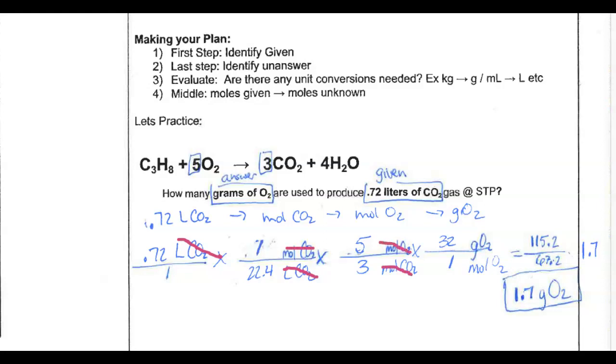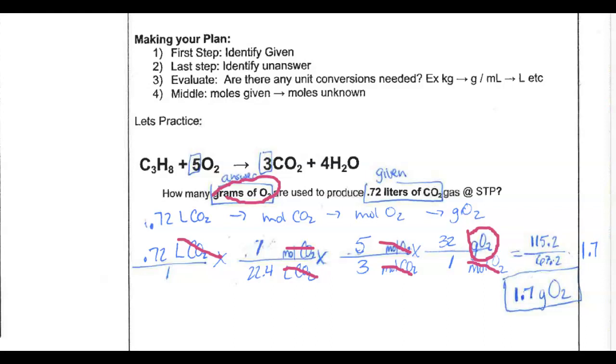I can eliminate moles of oxygen because there's 1 on top and 1 on bottom. Now what I've successfully done is only left with grams of oxygen, which is our goal, right? So we have set this up properly to eliminate all units besides grams of oxygen and be able to calculate the numbers appropriately.